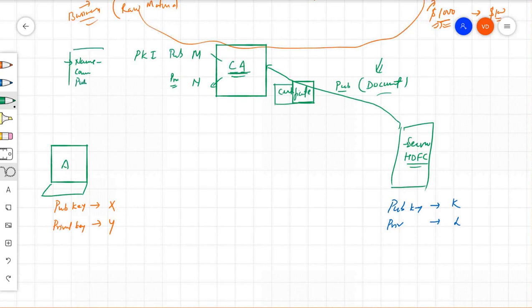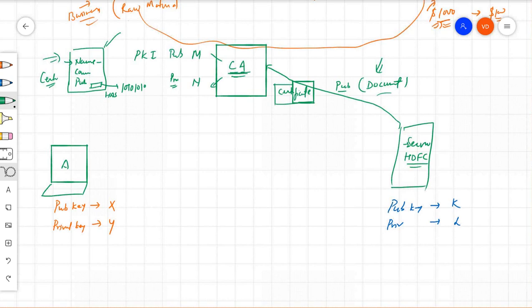It will take this document, right? It will use its private key to generate a hash value, which we just discussed, which is say 1010101, and it will put this hash value at bottom of this document, just like that it has signed this document with its own private key. So this document will become your certificate, HDFC bank certificate, right?